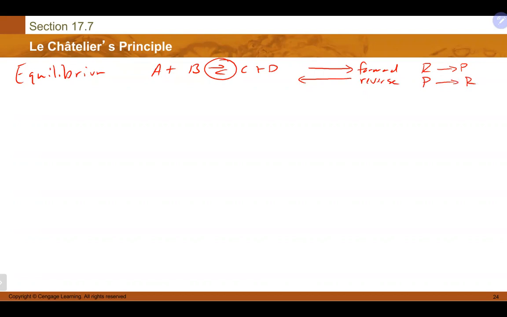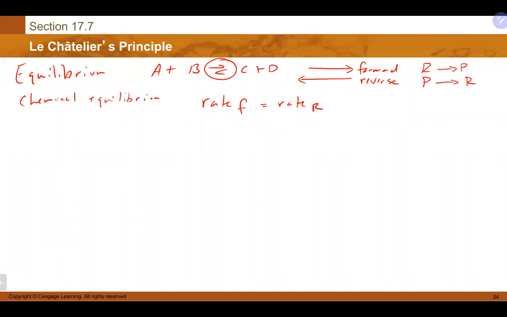When we do reach chemical equilibrium, as we talked about, the rate of the forward direction will equal the rate of the reverse direction. Remember that chemical equilibrium doesn't necessarily mean that you have the same amount on both sides. What it means is the rate. As quick as it goes to make products, those products recombine and make the reactants.